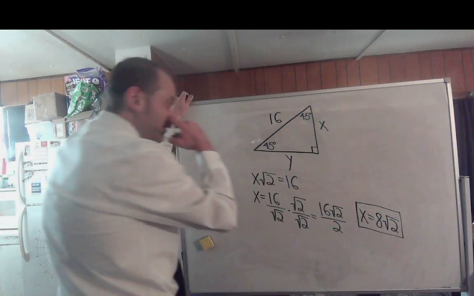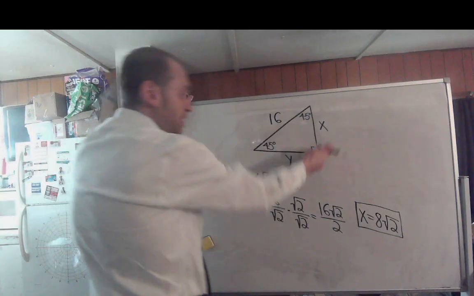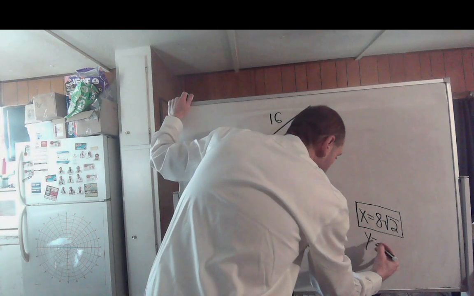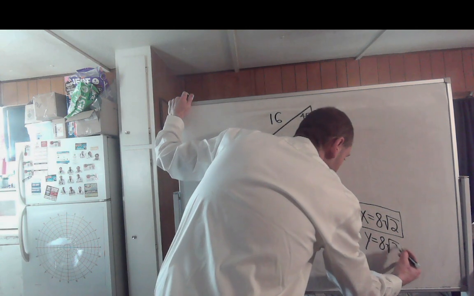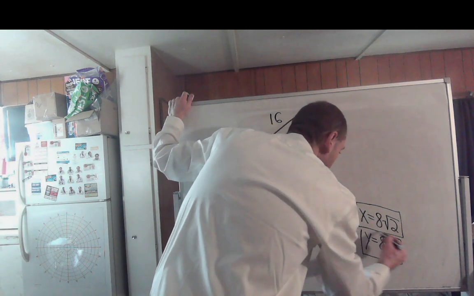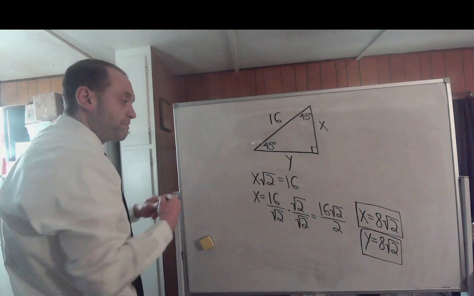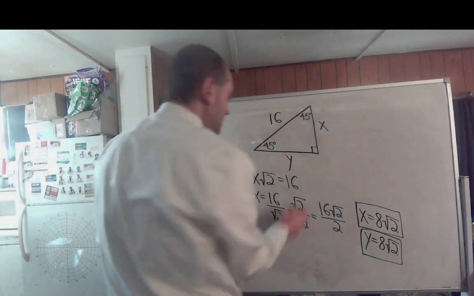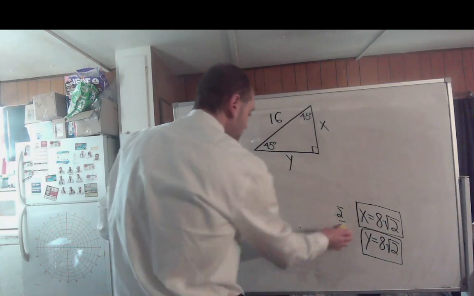Which means in a 45, 45, 90 right triangle, the x and y would be congruent. So y also equals 8 times the square root of 2. That wasn't so bad. I got one more, then we're done.